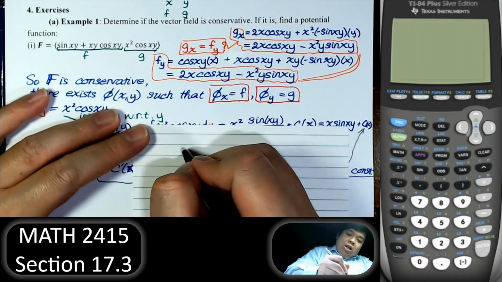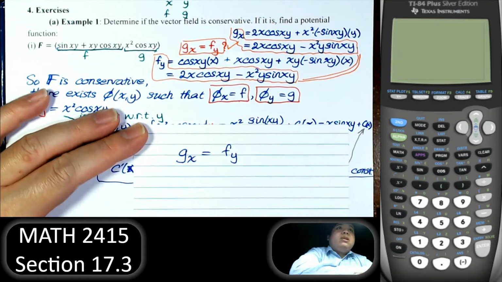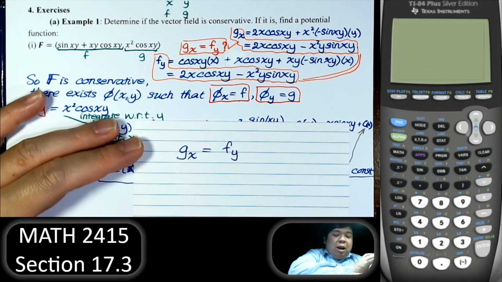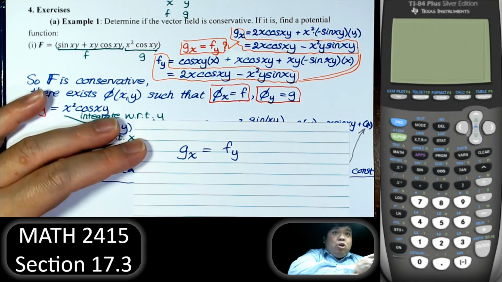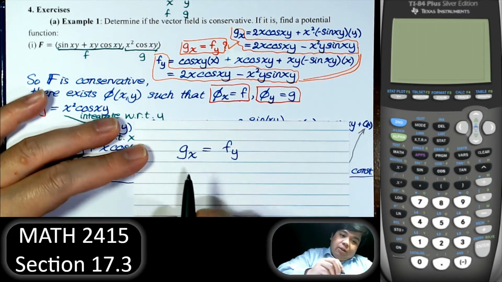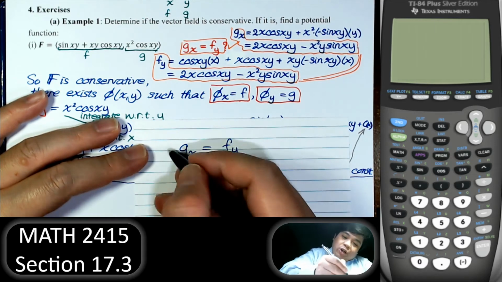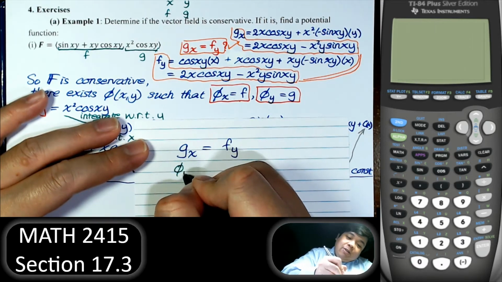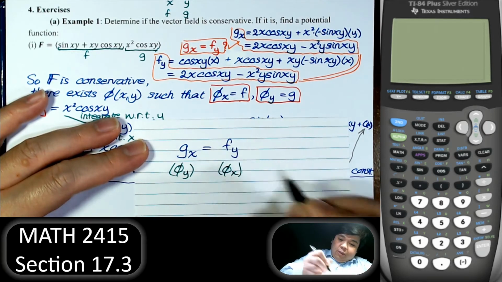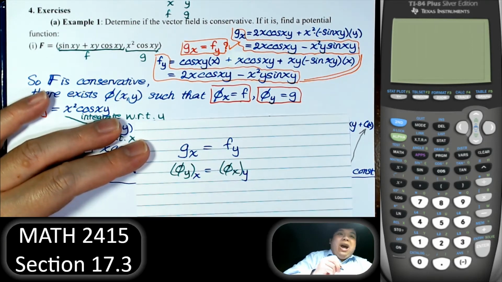Right. So here it says g of x equals f of y. Now, if it is conservative, then there exists a potential function, right? So if there exists a potential function, what do we have here?